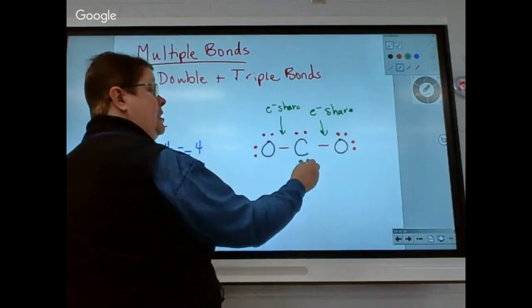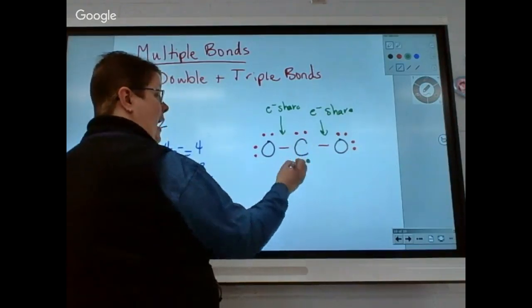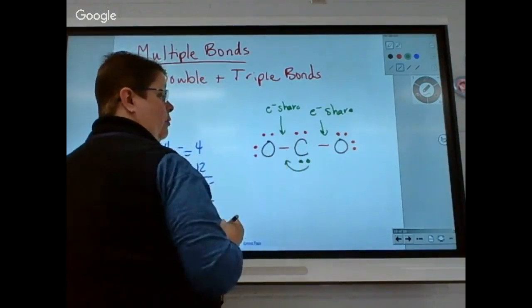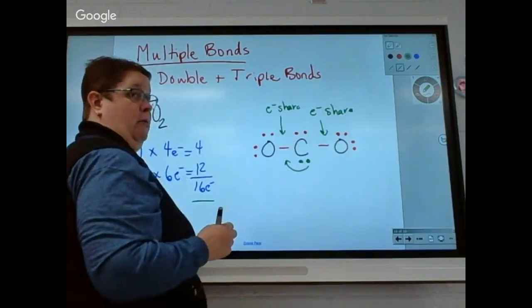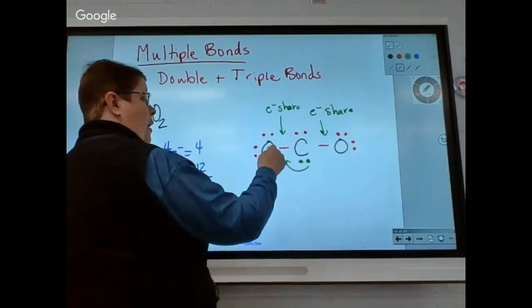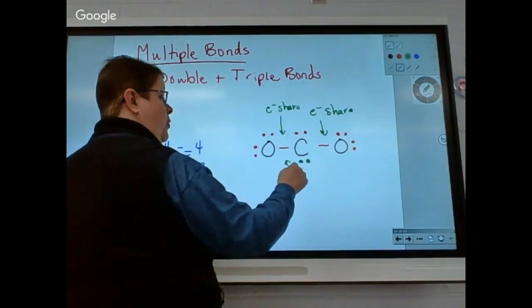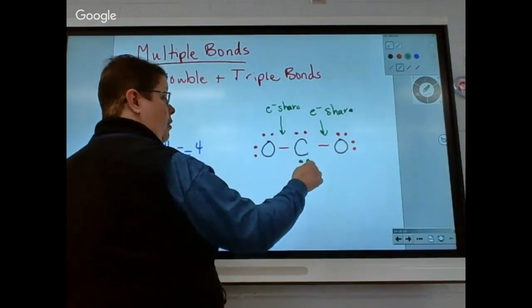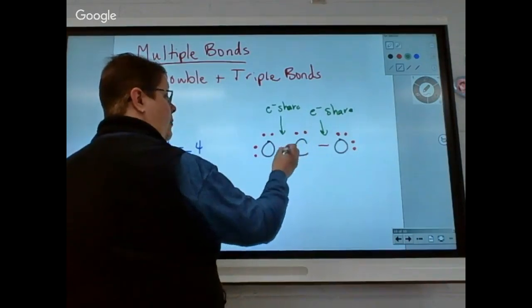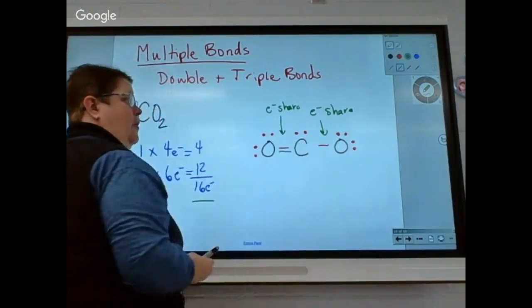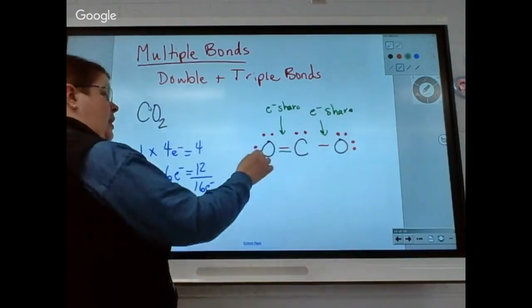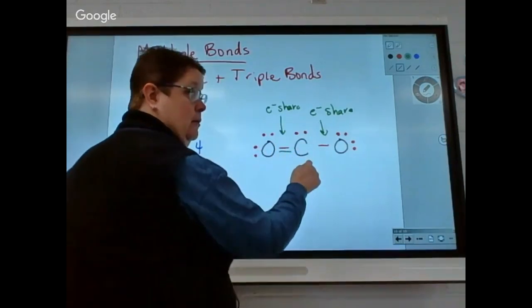They're only on C here. If I move them here, they would be on O and they'd be on C, right? So I'm going to take these electrons from here and I'm going to put them here so they can share between the O and the C.